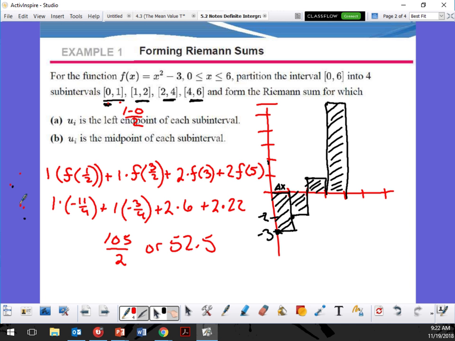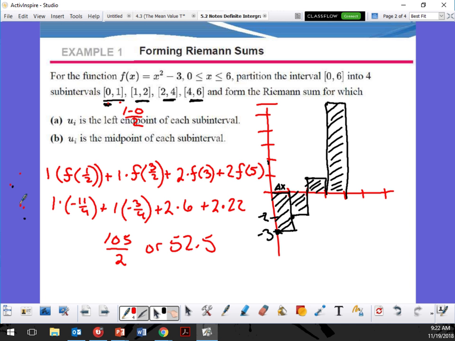So on this one, what are you thinking about the two values then? Think about accuracy. Which one do you think is more accurate? The midpoint, because it's closer to the actual graph.